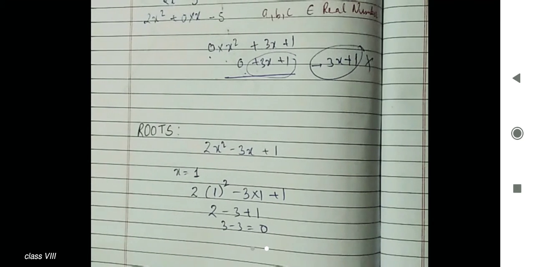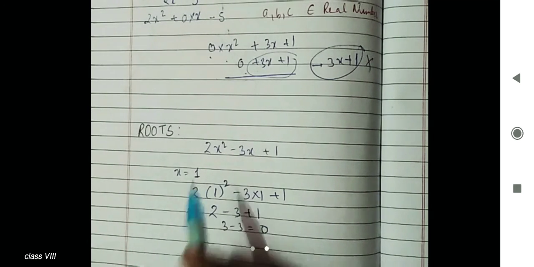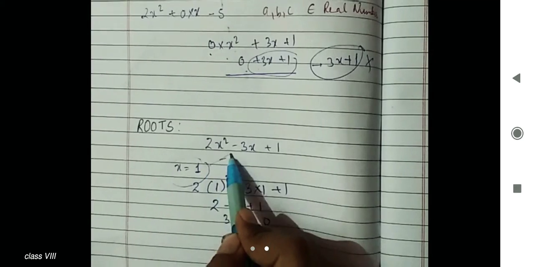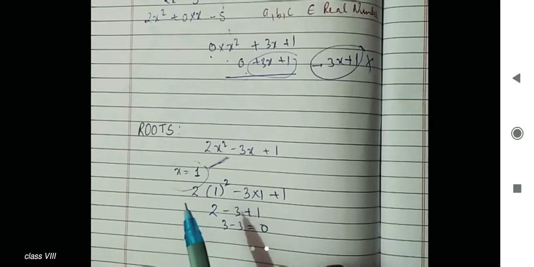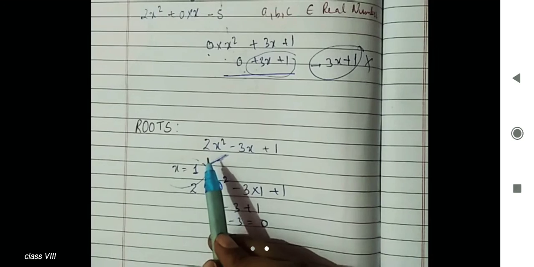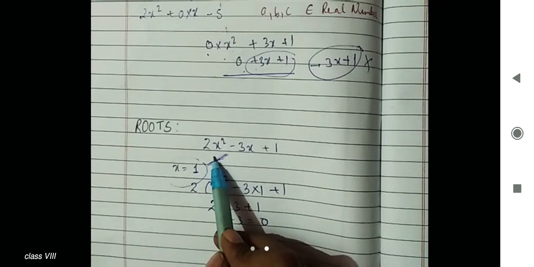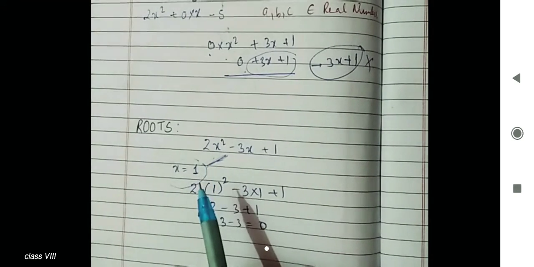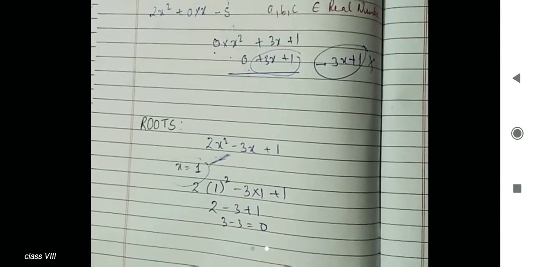Whenever putting the value of the variable in the equation gives you 0, that is known as the root of the equation. So here I will say that 1 is the root of this equation. And because the degree of a quadratic equation is 2, there is the possibility that it will have two roots. It can have one root also, or two roots.